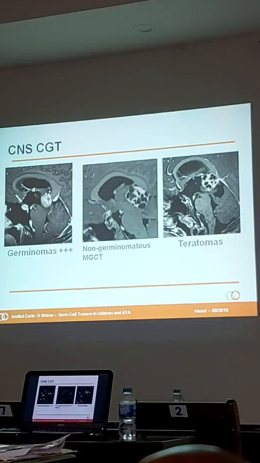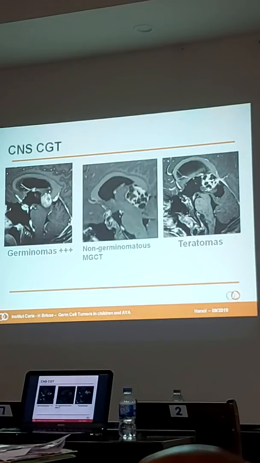Whereas non-germinomatous malignant germ cell tumors, mainly yolk sac or choriocarcinoma, usually look more heterogeneous and have a lesser degree of response after chemotherapy. And sometimes you have no response to chemotherapy. So the tumor remains stable during chemotherapy.